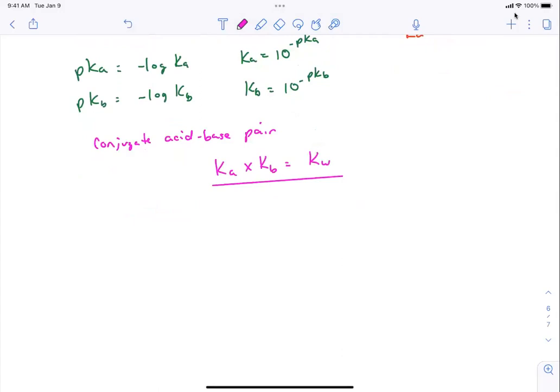So the Ka times Kb of a pair always equals Kw. Now Kw depends on temperature, but at 25 it's 1 times 10 to the negative 14.